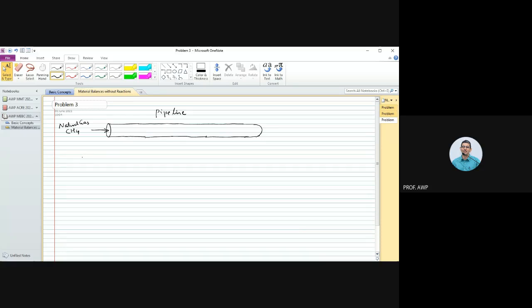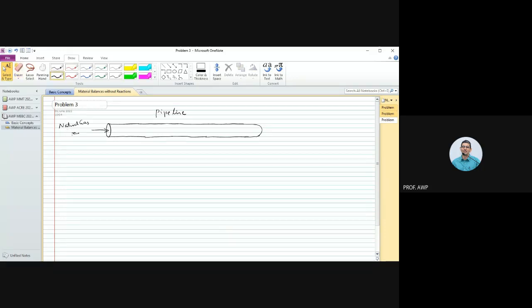Oh, sorry, let's not assume it is 100% methane. Let's assume it is going to contain methane and carbon dioxide only.